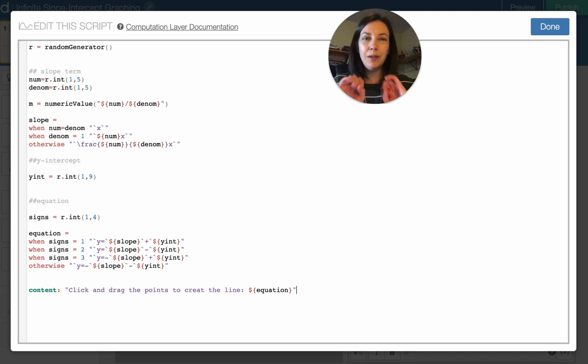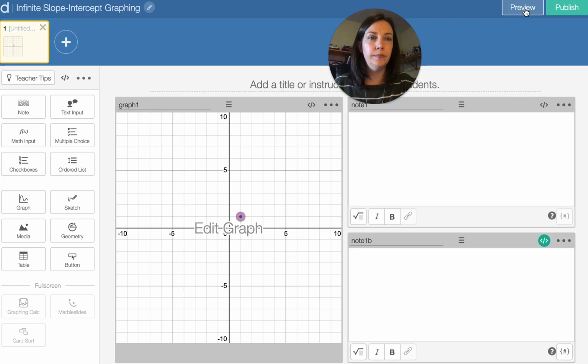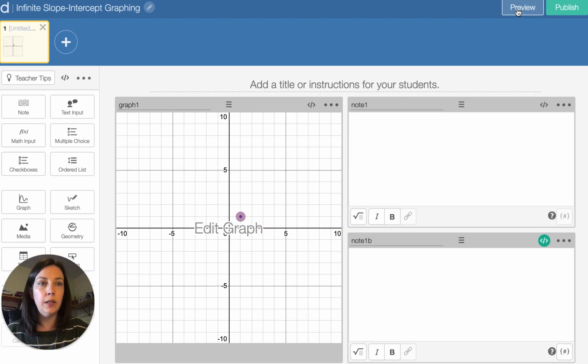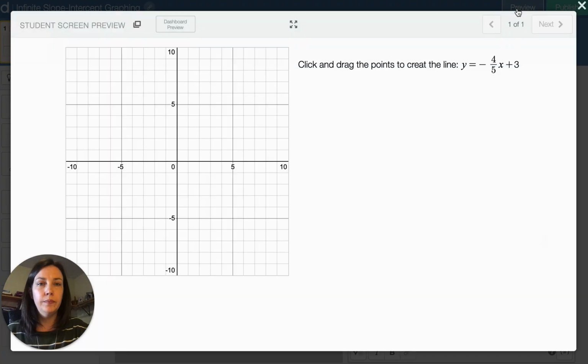Let's view it. I want to make sure that all that math font showed up correctly. There it is. Equation. That looks beautiful. Click and drag the points to create.